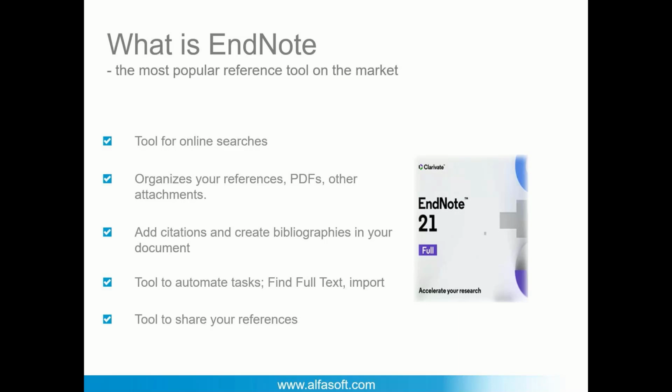It's a tool to create bibliographies in your documents. So you can add citations and create bibliographies and format them as you want. It can also help you to work faster and easier by using find full text, for instance. And of course, you can share your references with your colleagues. I'll mention something more about that later on.